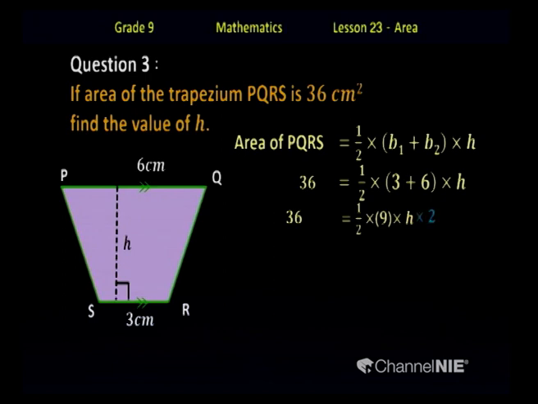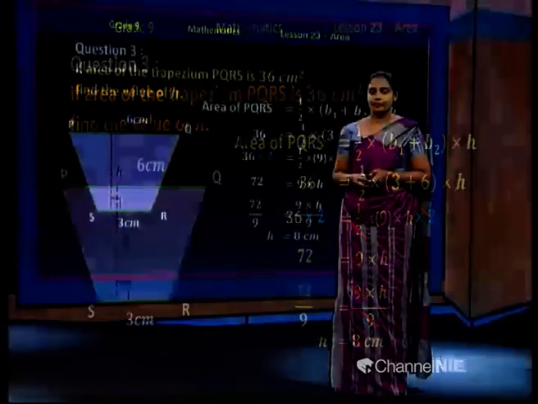I think it is easy to multiply both sides by 2. Then 2 to 2 cut and other side becomes 72. 72 is equal to 9 into h. Now you should divide both sides by 9. Then answer h is 72 divided by 9, 8 centimeter.